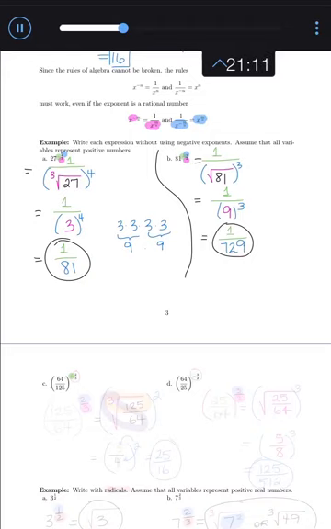So to get rid of that negative exponent, I can just flip the entire fraction that's inside of that negative exponent upside down. So that will turn into 125 over 64. Now, if you flip that fraction on the inside, my exponent, which was negative, will now become positive.